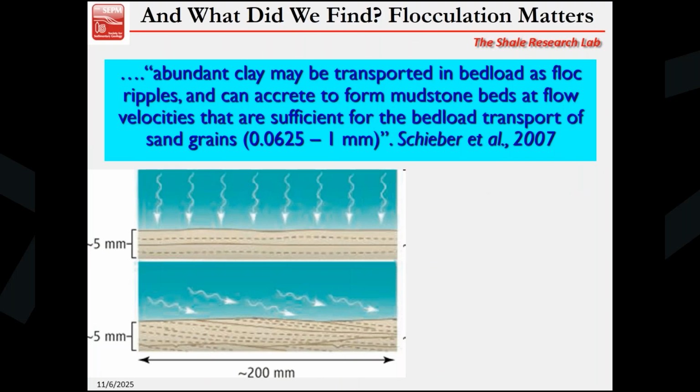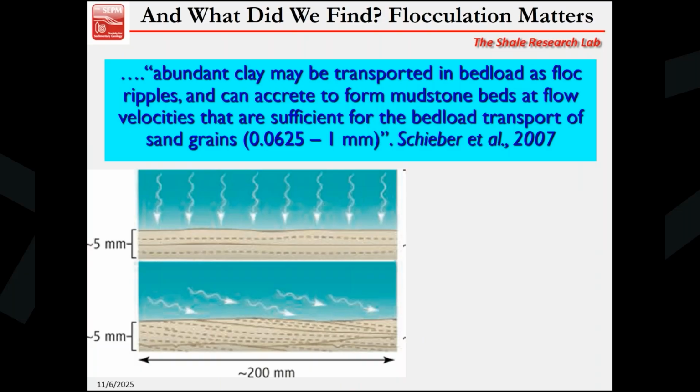is that if you have a muddy suspension, and you have the proper flow velocities, then mud flocculates and forms bedload floccules, and those floccules can form ripples, and then those ripples can accrete to form mudstone beds.